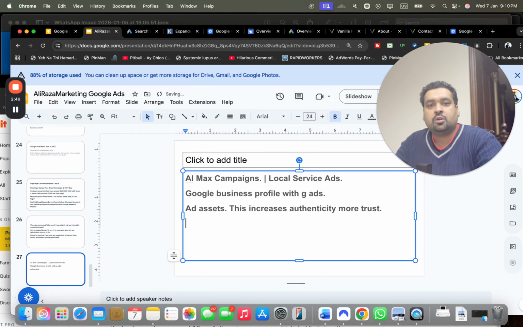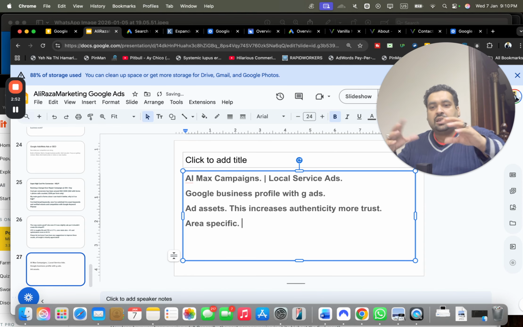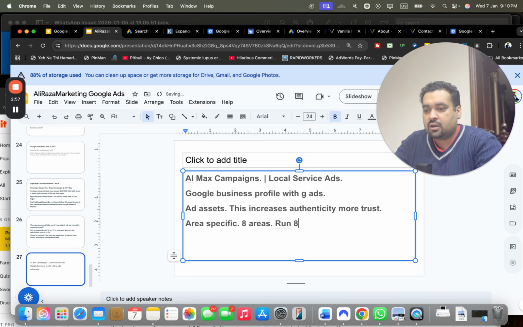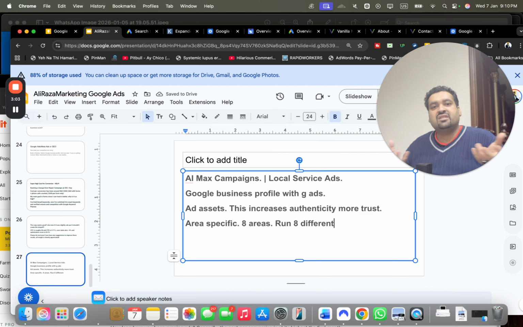I think you can also create area specific campaigns. For instance, if you are handling 8 areas, my opinion is to run 8 different campaigns for garage door repairing, so we can target the people and know exactly how people are reacting in a specific area.